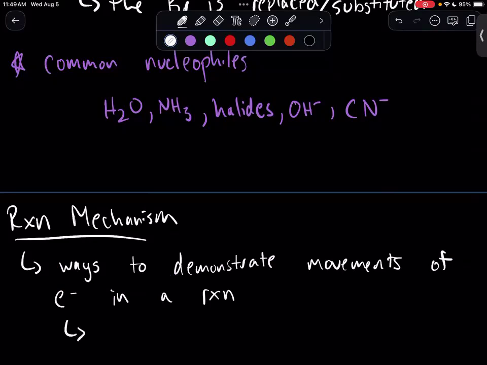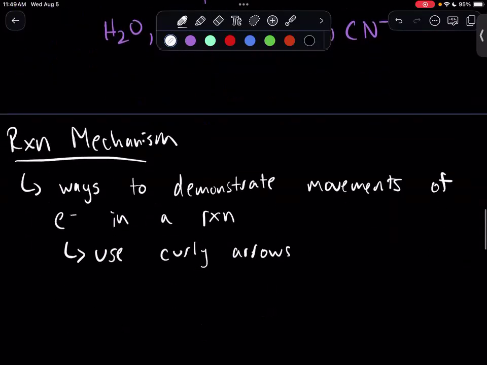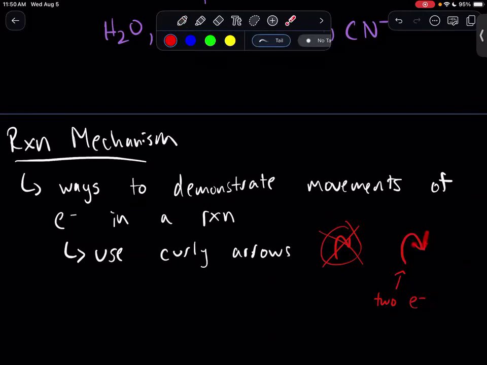We will use curly arrows. Now, in propagation reactions, we use the fishhook arrow, which had just one. We're not going to use that this time. We're going to use a curly double-sided arrow. That represents 2 electrons. You know it's 2 electrons because it has 2 points to it. The fishhook arrow has 1 point, 1 electron.